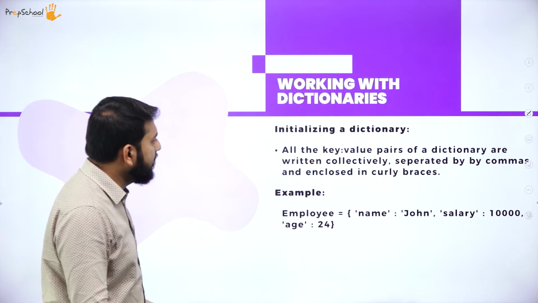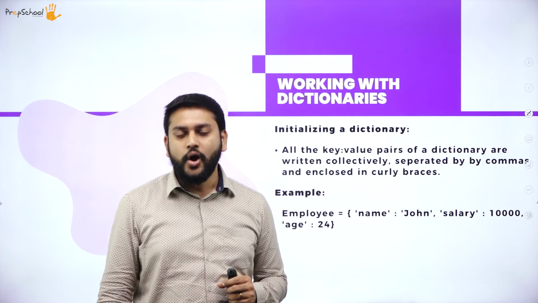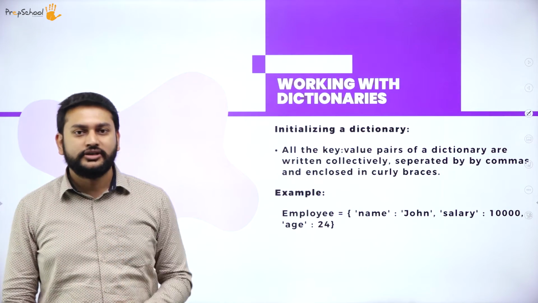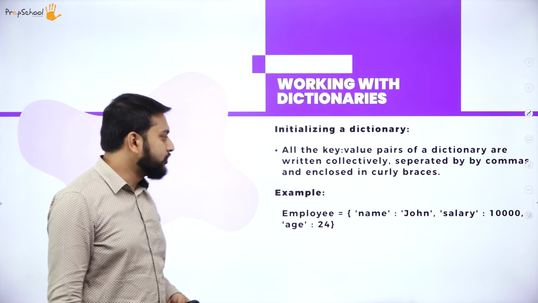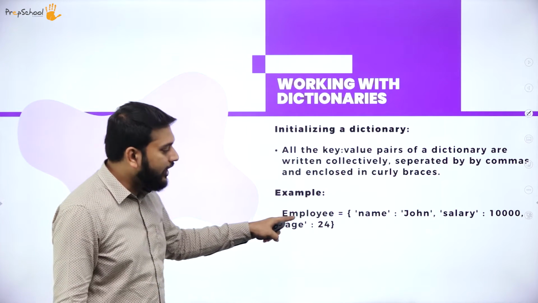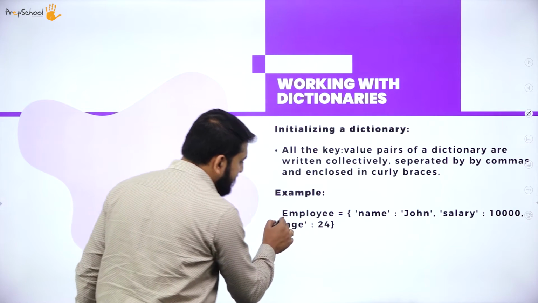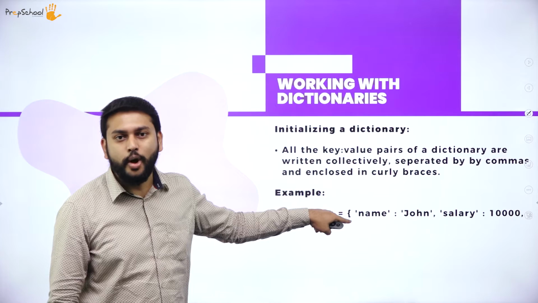The next one is initializing the dictionaries. How do I initialize the dictionary? How do I store the values or the keys inside the dictionary is what we call the initialization of dictionaries. So let's have a look. I will have the name of the dictionary, which is employee. Then after that, I have to write the assignment operator.